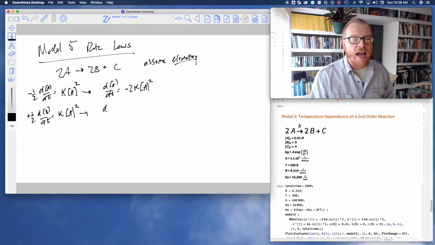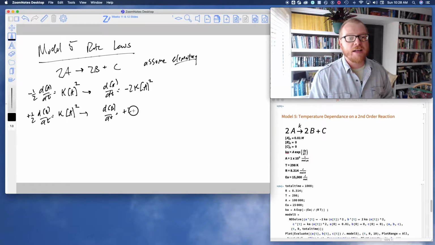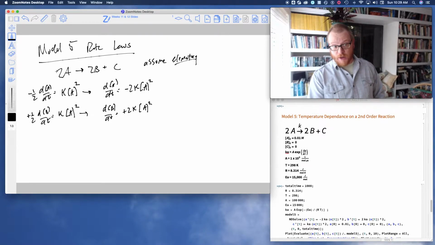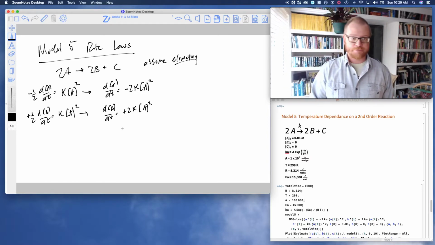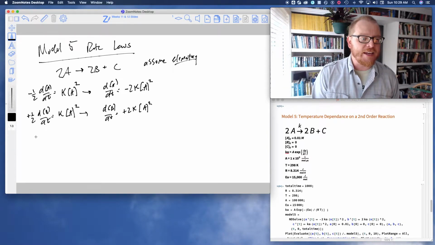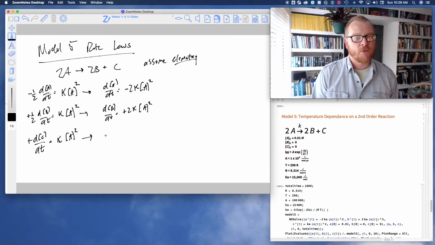And so what this means is dB/dt equals positive 2K times A squared. That makes sense because they both have the same stoichiometry, so they should be equal and opposite rates. And then finally, C is just positive dC/dt, which also equals K A squared. But now that just remains as dC/dt equals positive K times A squared.